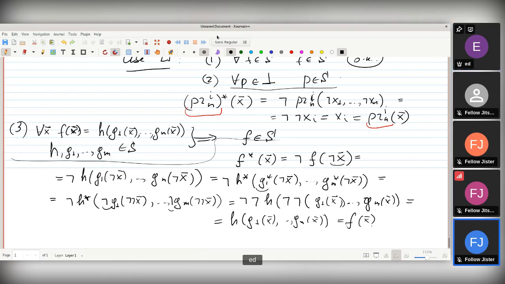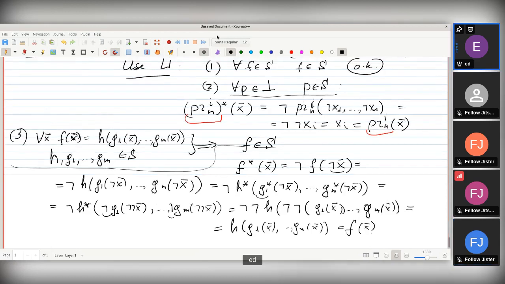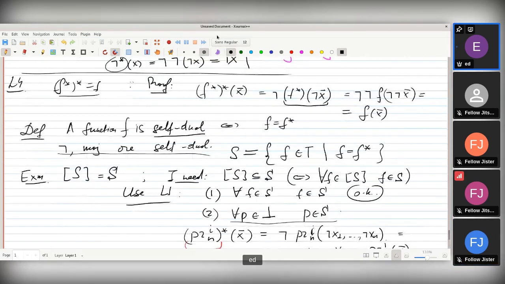Yes. That's it. So we have one more non-trivial and in fact very important class which is closed: the class, or the set, of self-dual functions.